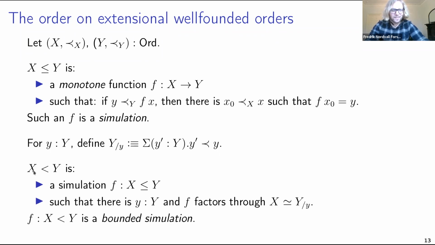And then we say that x is strictly smaller than y if there exists a simulation as above, such that further there is some little y in y such that f factors through this initial segment. So x has to be isomorphic to an initial segment of y, and this simulation has to factor through it. And we call this a bounded simulation.